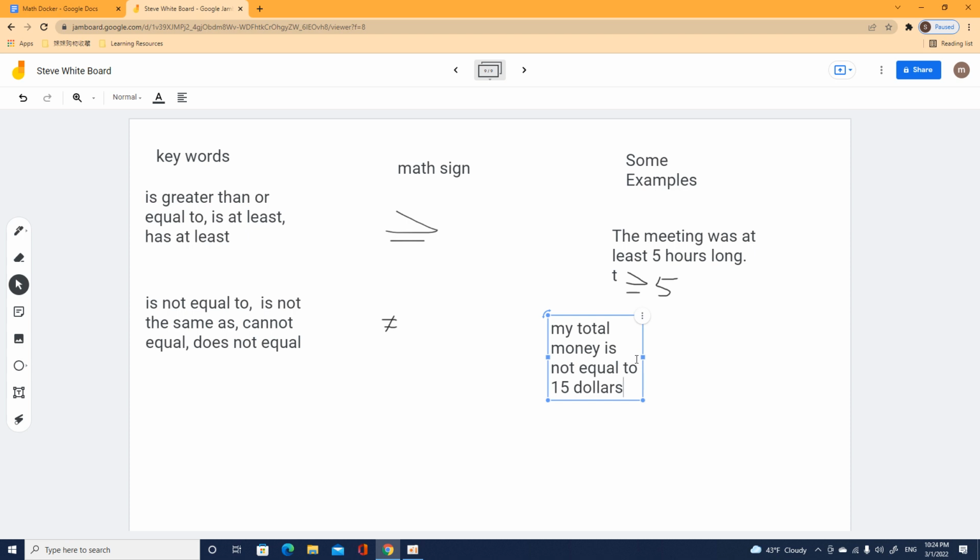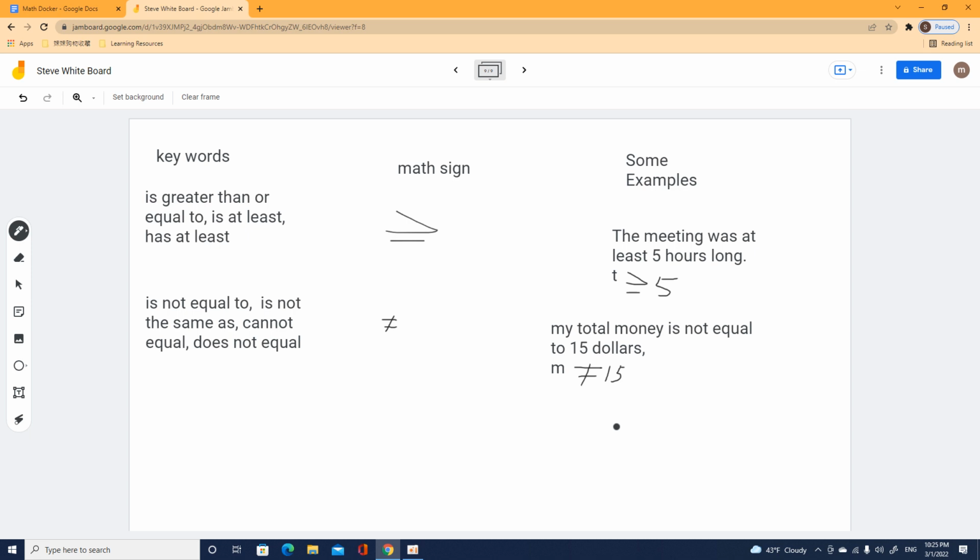So I use M to express my total money, so that means my total money doesn't equal 15. That is some keywords about the math sign. You should pay attention to those keywords. When you see those keywords, you should think of the corresponding math sign.